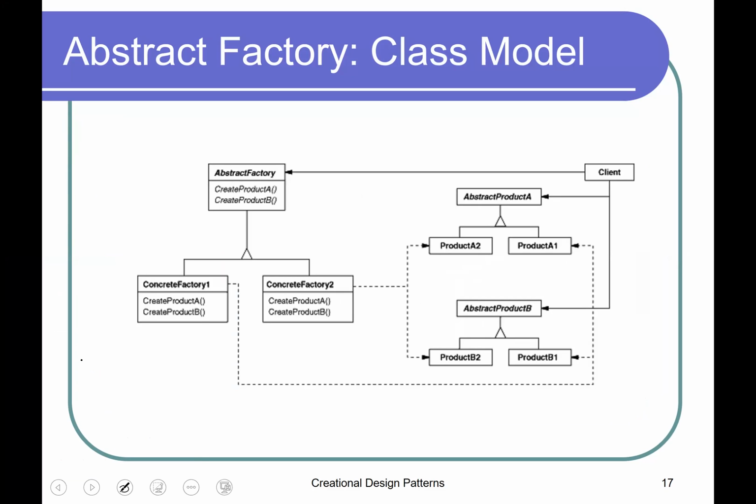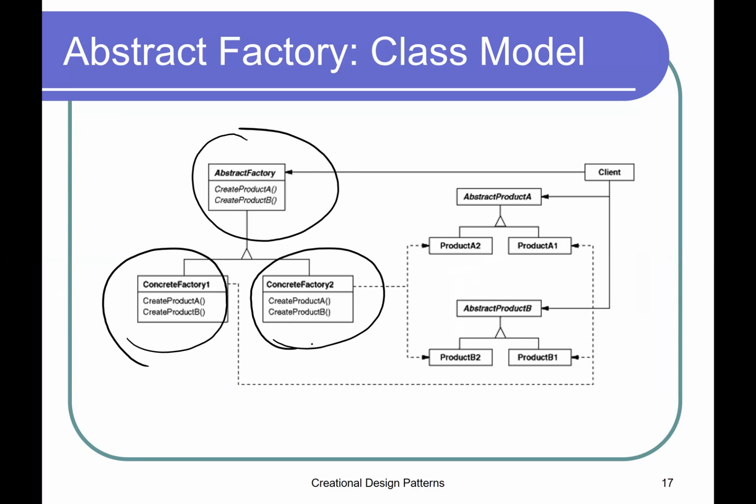We have an abstract factory that is sitting on top of a number of factories. Okay. The purpose of those factories is to produce the specific products, all right, that are of different types.